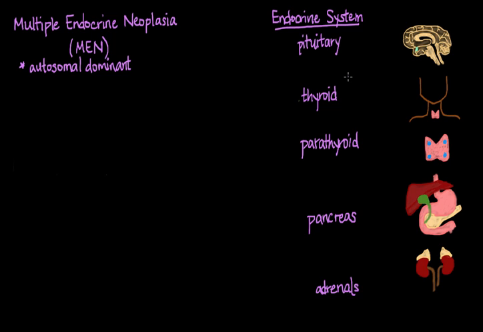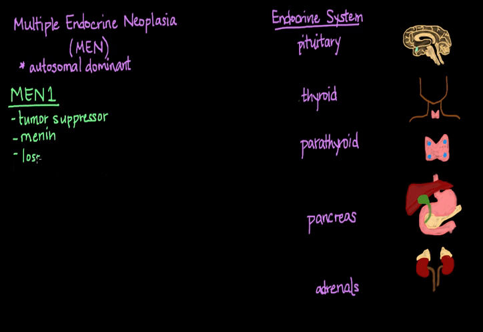So now let's talk about the first subtype of MEN, and that would be MEN1. So the MEN1 gene is actually a tumor suppressor gene that codes for a protein called menin. Now, people with MEN1 usually inherit a defective copy of the gene at birth, and then a second mutation in the remaining allele results in a loss of function of the MEN1 gene in these cells.